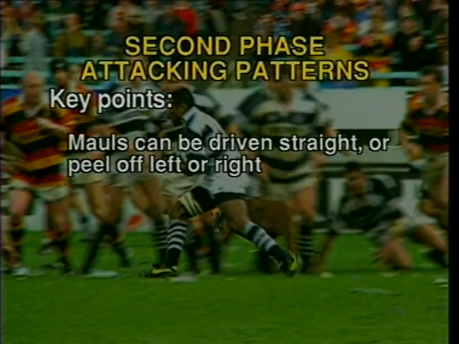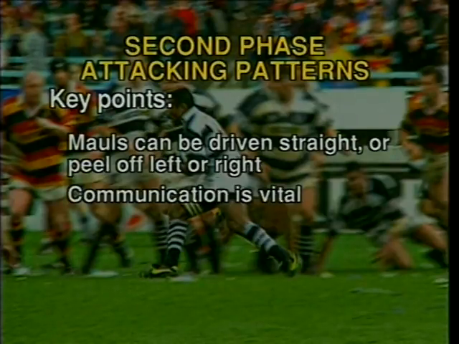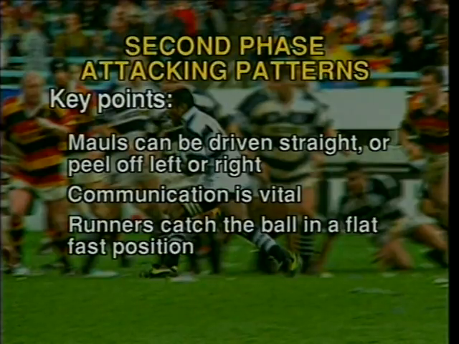Mauls can be driven straight, or you can peel off left or peel off right. Communication amongst players is vital. Runners catch the ball in a flat, fast position.